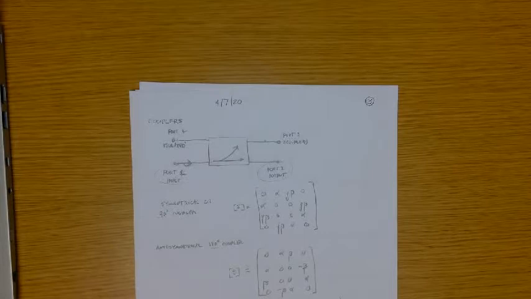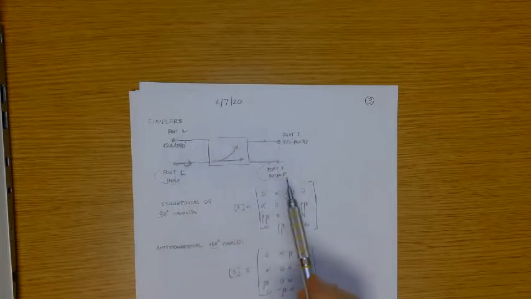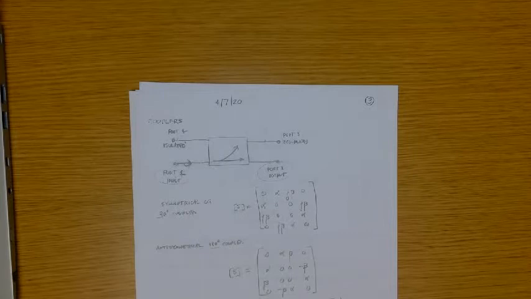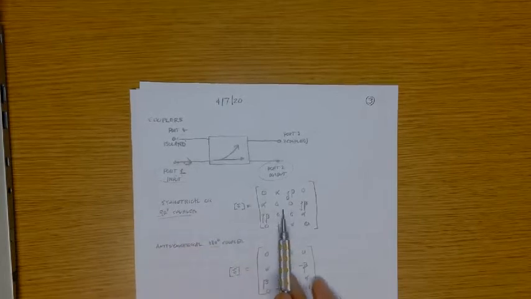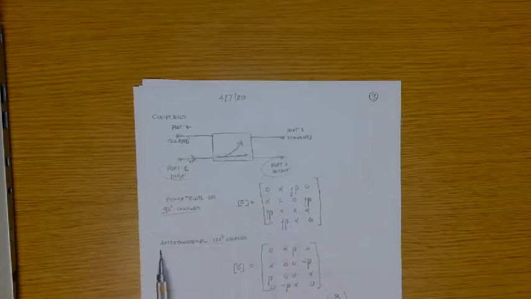This generic representation for a coupler can be manifested in different ways in the circuitry. We're going to talk about that. But you've got basically the symmetrical or 90-degree coupler, and its scattering matrix is represented this way. And then you have the anti-symmetric or 180-degree coupler, and its scattering matrix is represented this way.